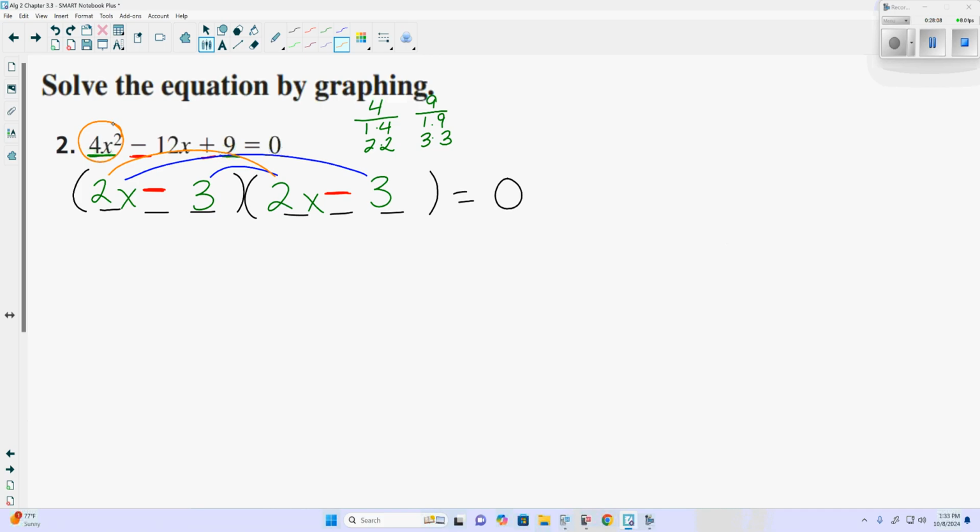Why do I need to check that they multiply to get 4x squared? If they're factors of it, they're going to multiply to get back to this. No real reason to check that. Does that make some sense? Negative 3 times negative 3, that's the factors of 9. The only way those won't work is if I got the wrong factors. So that works. We do have those factors, so there's no real reason to check those.